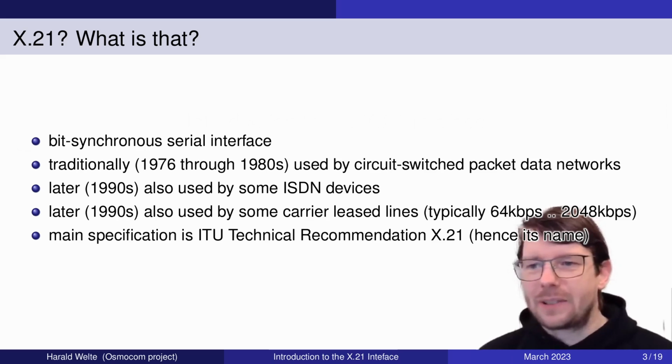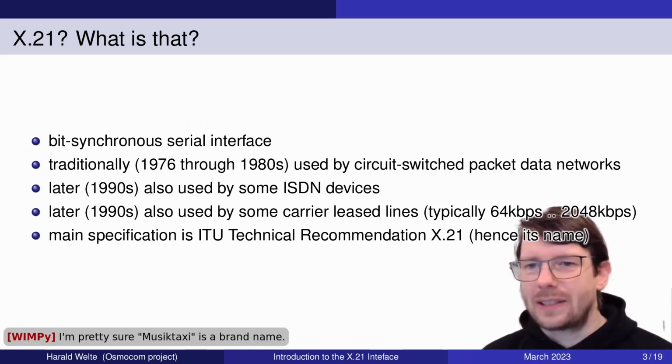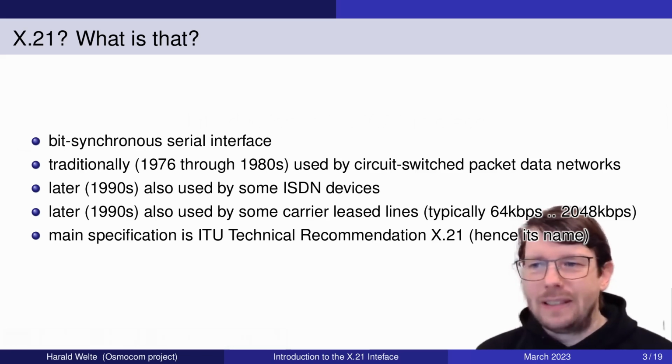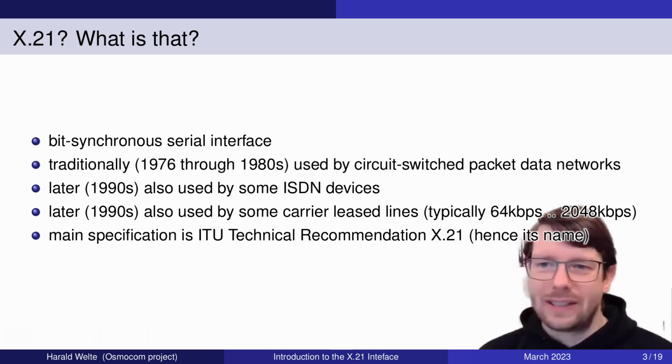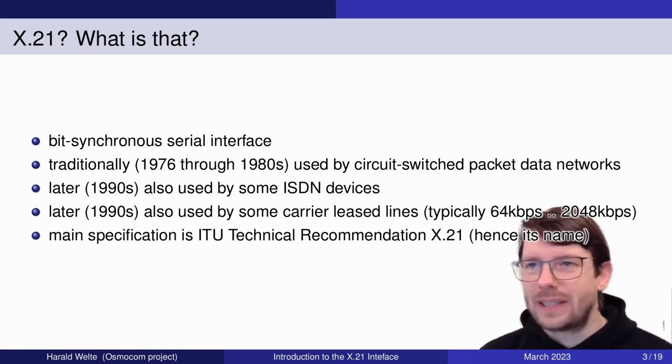Also, X.21 has found a number of use cases later in carrier leased lines. If you wanted to have a data connection between two locations somewhere in a city, in a country, then you could rent a bit transparent synchronous service, typically 64K on the lower end and later, in the 90s, 2 megabits on the higher end.